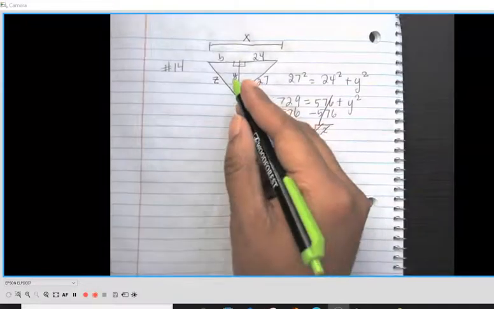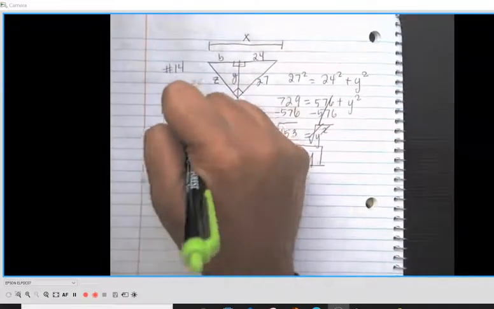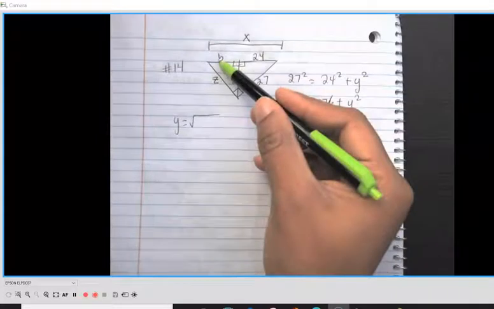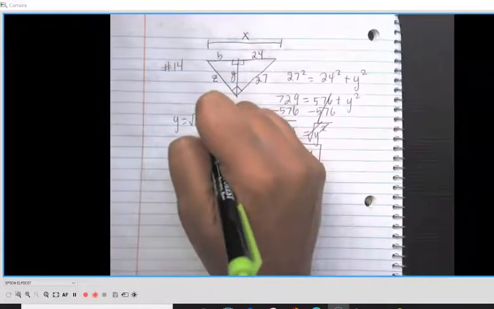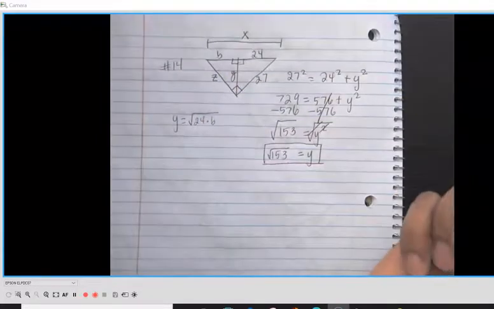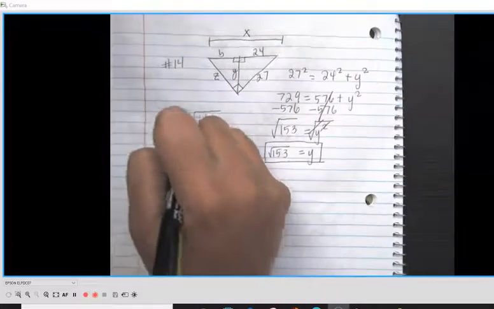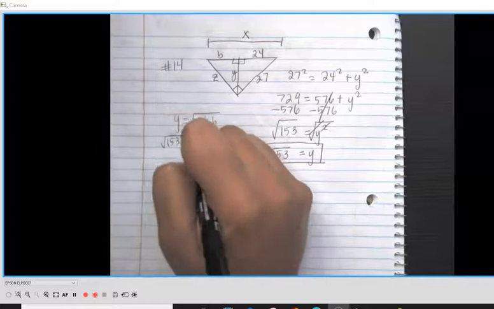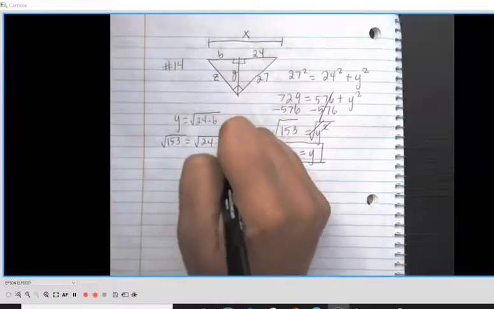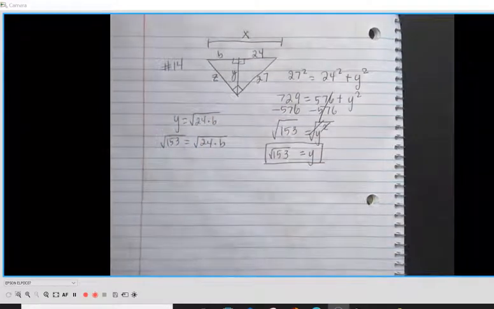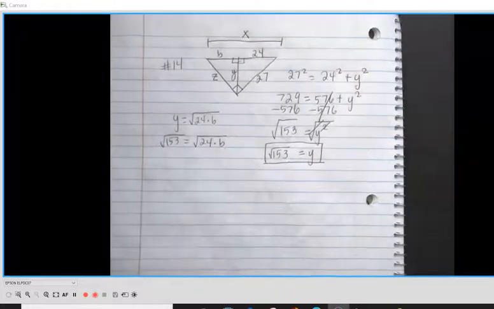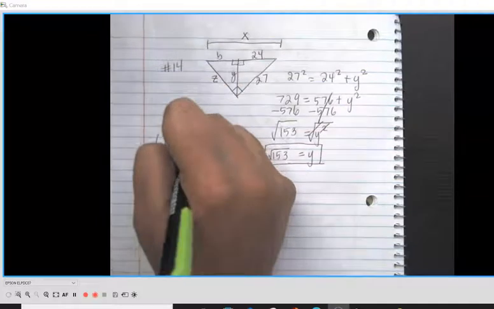I'm going to set this up as y equals the square root, and this is a times b, so 24 times b. You see that? And what is y? Well, y is the square root of 153, which equals the root of 24 times b. Now to spit out what b is, I'm going to square the left side.